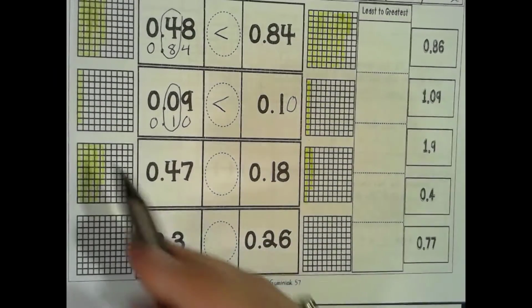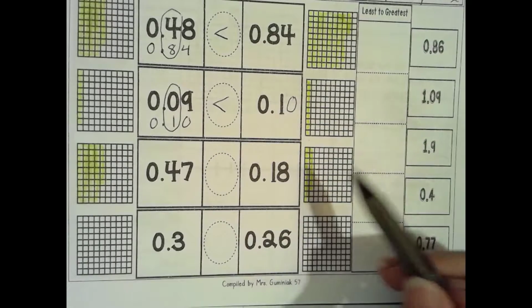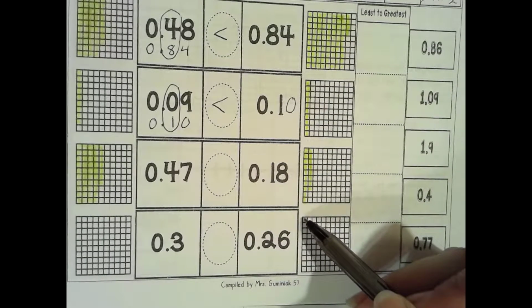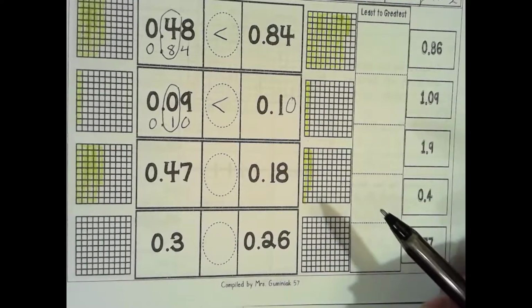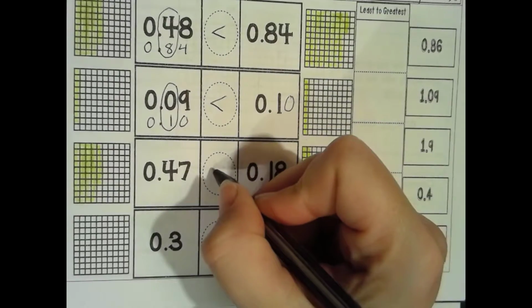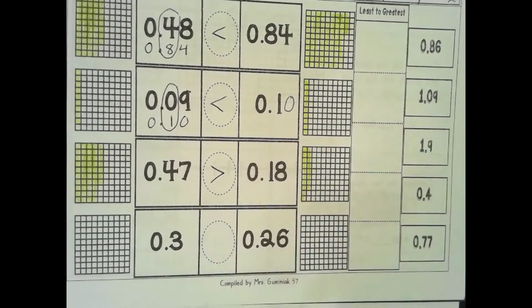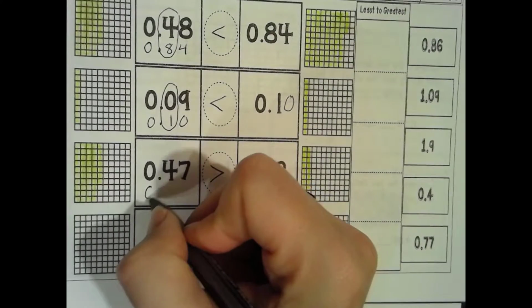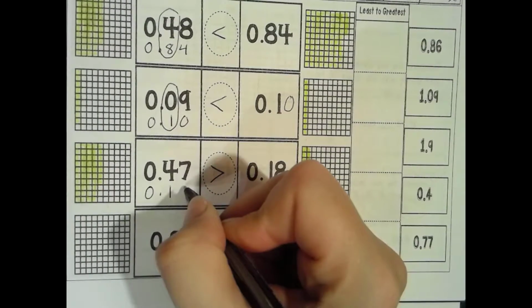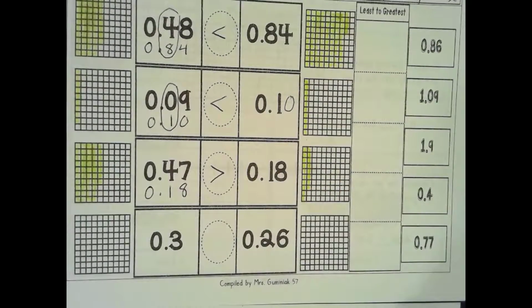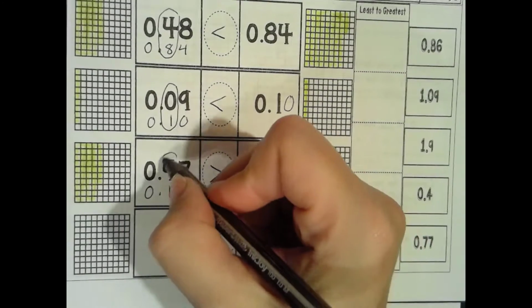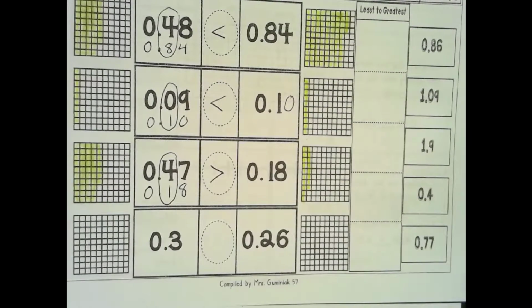Well, 47 is a larger area shaded in than 18. So 47 hundredths is greater than 18 hundredths. And if we line up our place values, we can see that 4/10 is greater than 1/10.